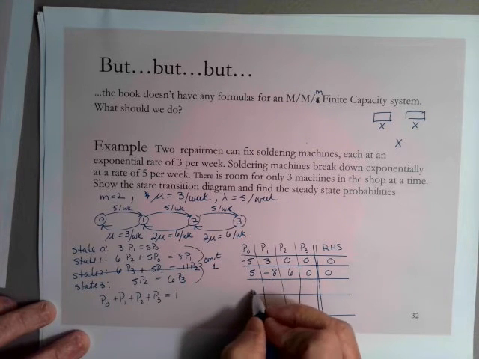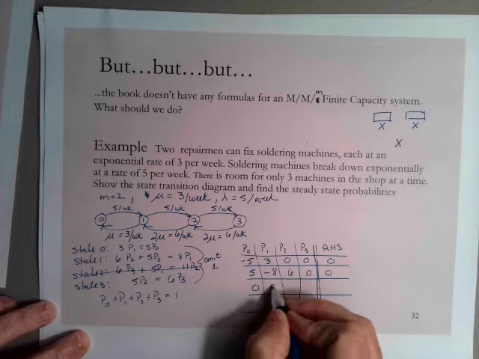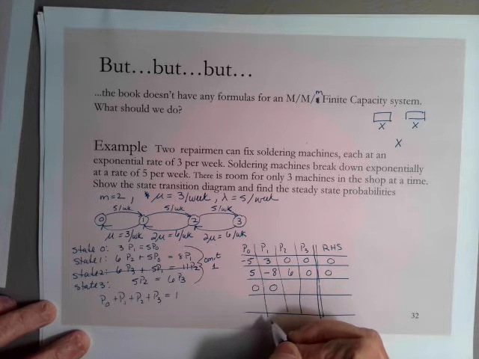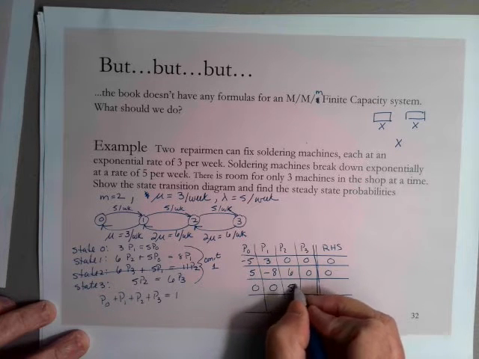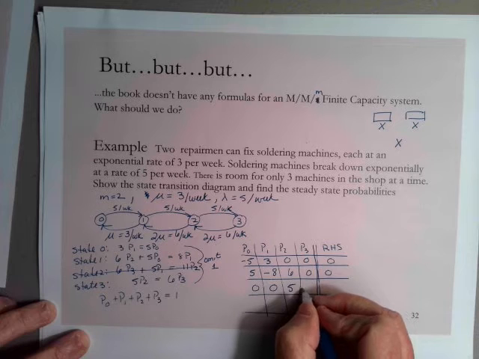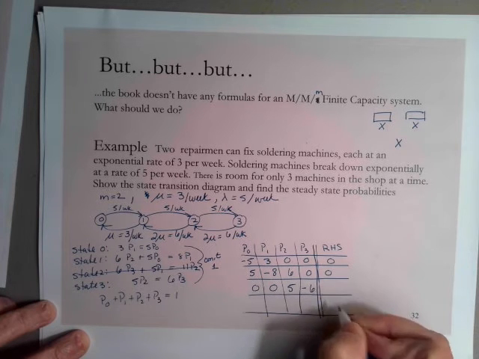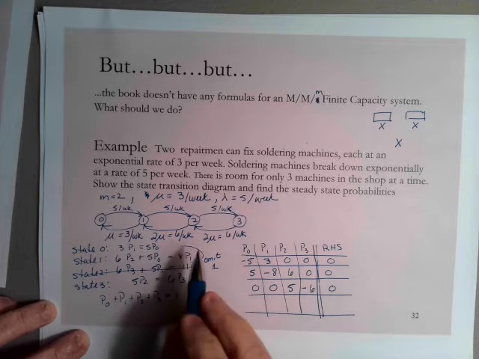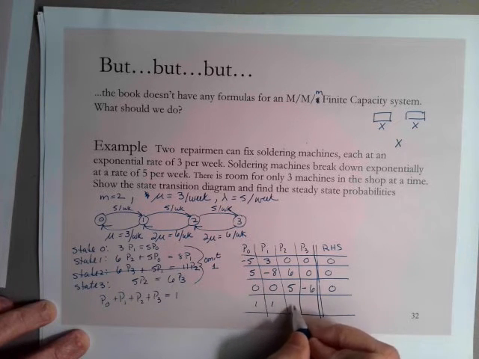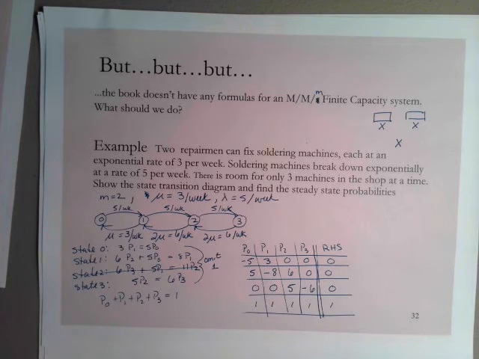And so that will be 0, 0, and then P2 is a 5, P3 would be minus 6 and 0. And then this bottom one, did I do this right? Yes, I did. And this would be all ones in the bottom row.